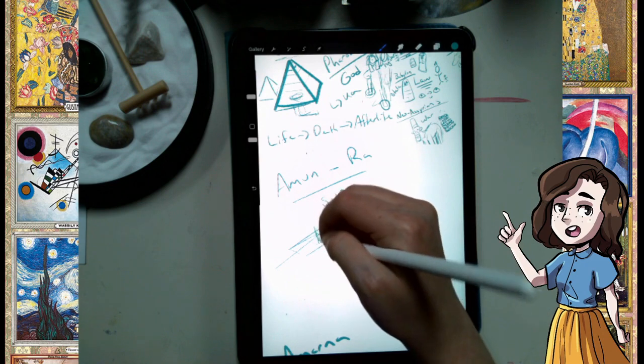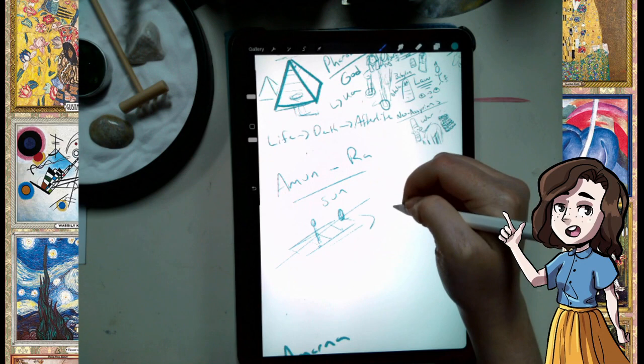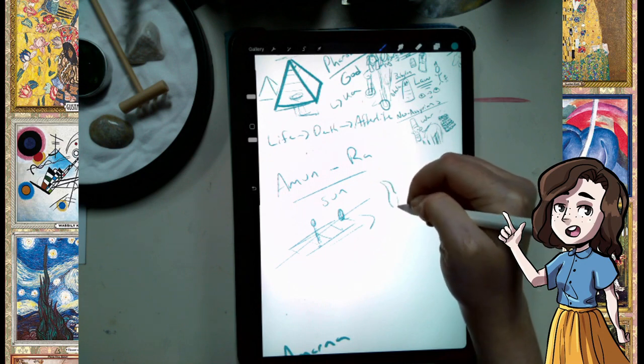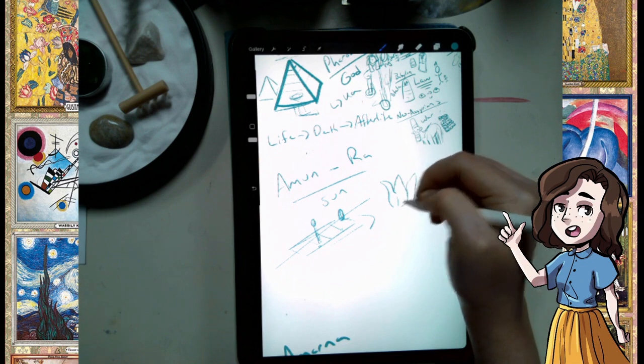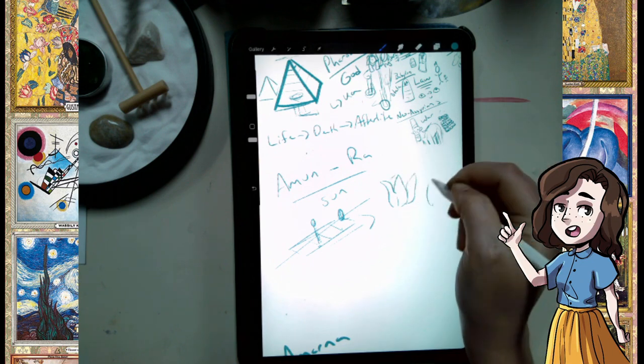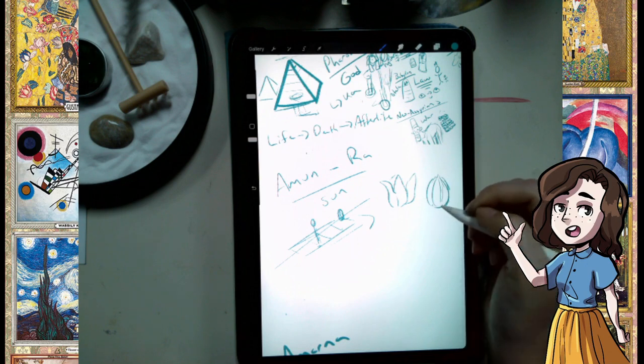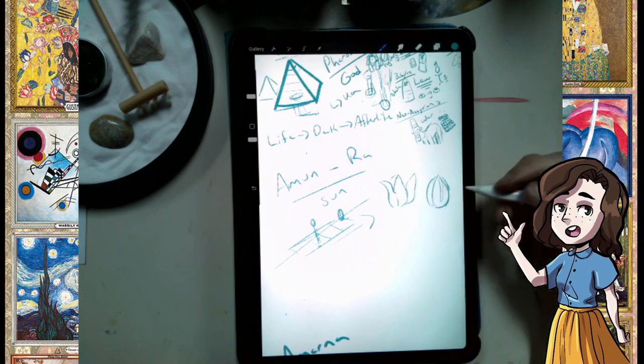Temple of Amun-Ra is also known for its papyrus capitals because papyrus is super important to the Egyptians. Papyrus grows on the Nile River, which is the main river of Egypt, and they have two different capitals, columns, right? The top of columns, showing off the bud and the flowering papyrus.